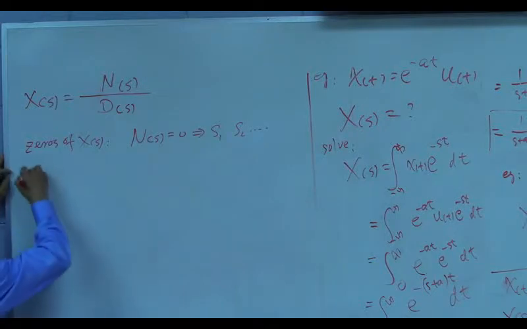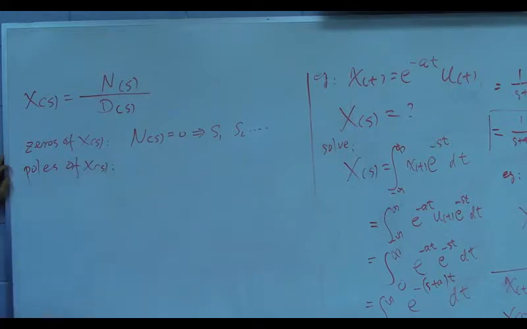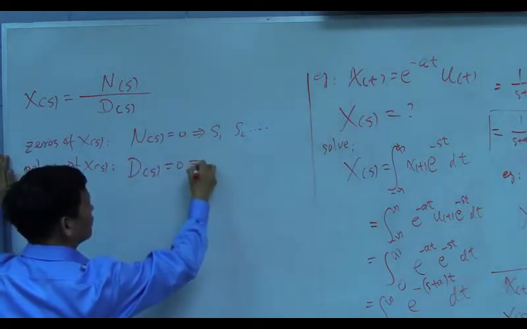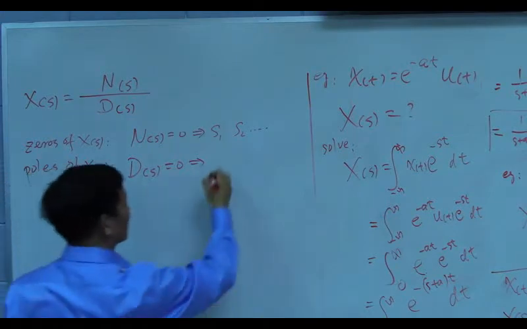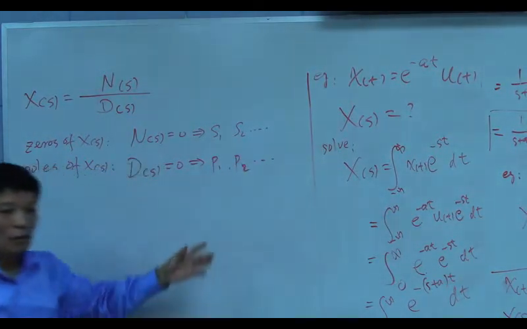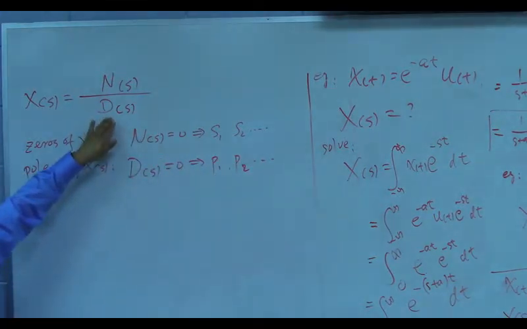And the poles of this. How to find the poles? Then that one will be the denominator equal to 0, right? And you're going to get p1, p2, and so on. All these are roots of this denominator.